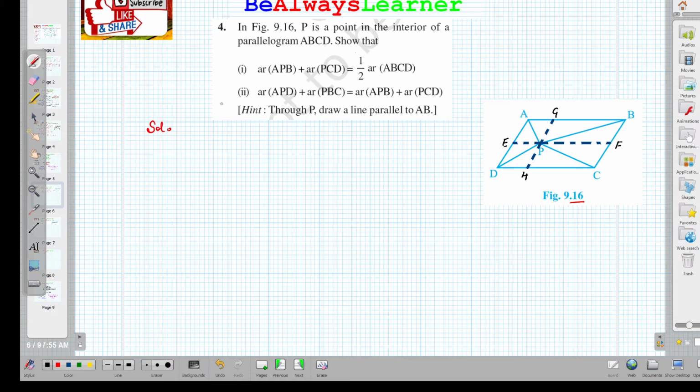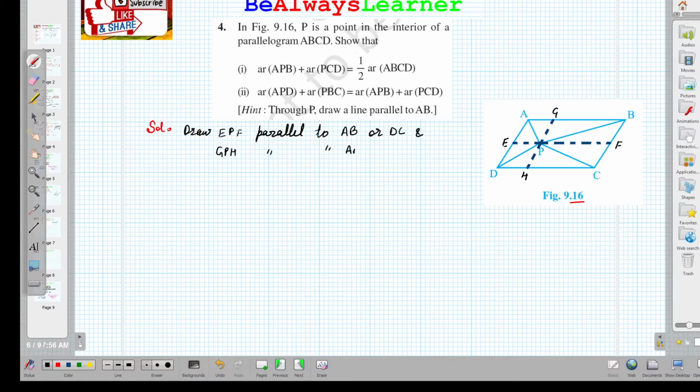Now we are starting with a solution that we draw the line. क्योंकि हमने line draw किया तो line की property हमें लिखनी होगी, that EPF, this horizontal line, is parallel to AB और DC, दोनों एक दूसरे के पैरेलल हैं, and another vertical line that is GPH is parallel to which line?